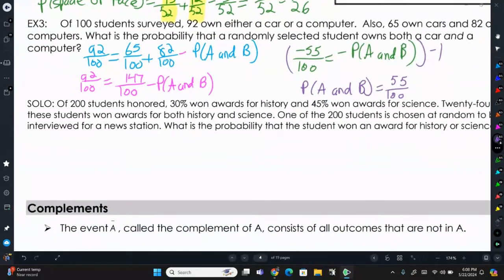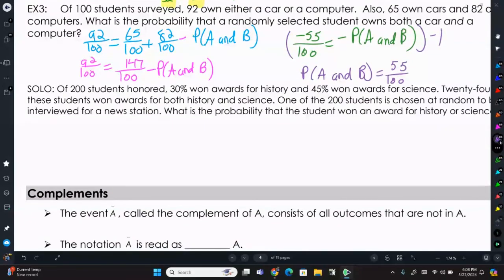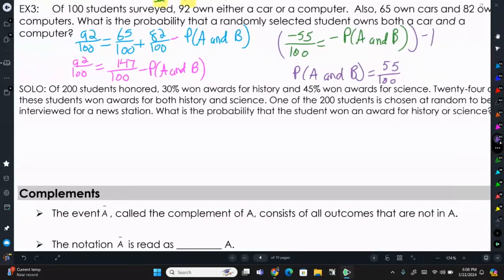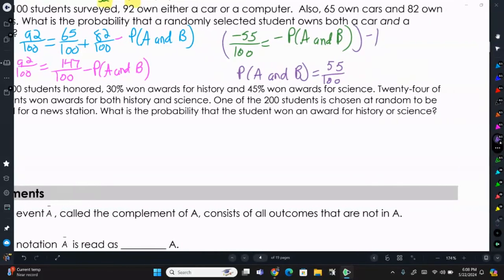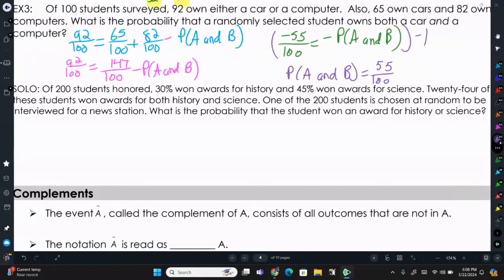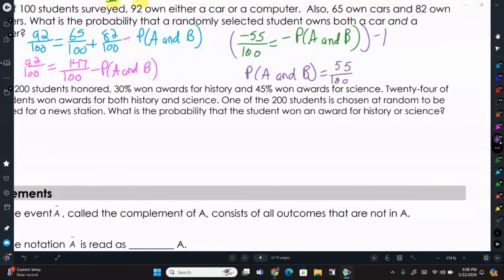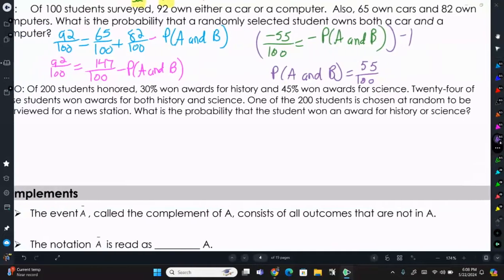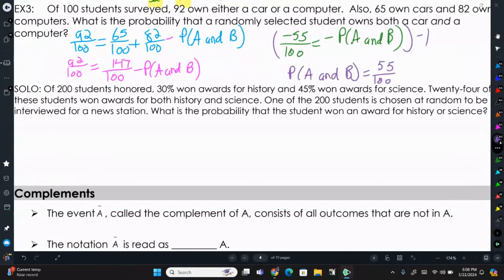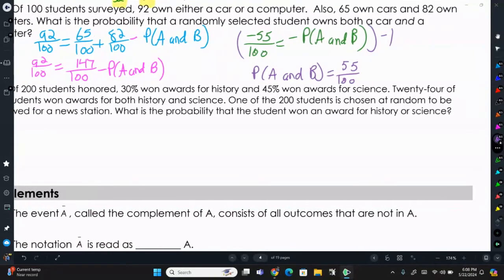This problem here: of 200 students honored, 30% won awards for history and 45% won awards for science. 24 students won awards for both science and history. One of the 200 students is chosen at random to be interviewed for a news station. What is the probability that the student won an award for history or science?